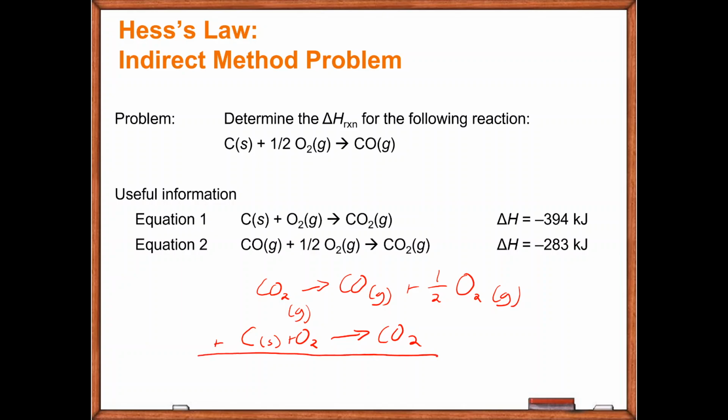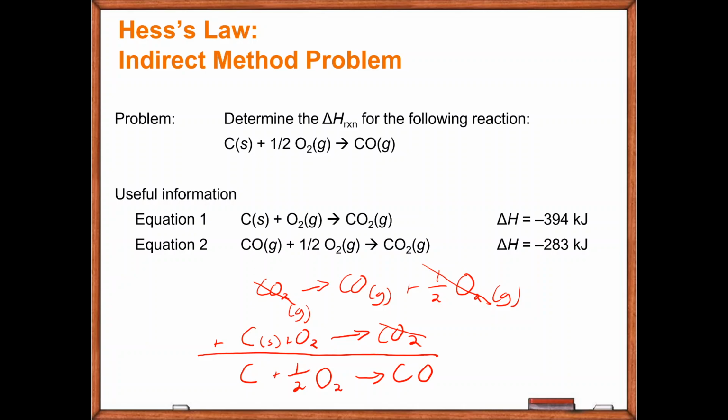And now anything that's on both sides of the reaction arrow, I can cancel. So CO2 will cancel with CO2, and the 1/2 oxygen will cancel with the O2, leaving 1/2 oxygen. So what I end up with is carbon plus 1/2 O2 gives me CO. And that's exactly what I wanted.